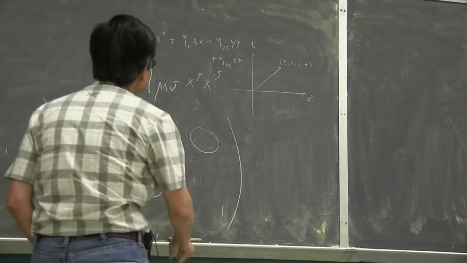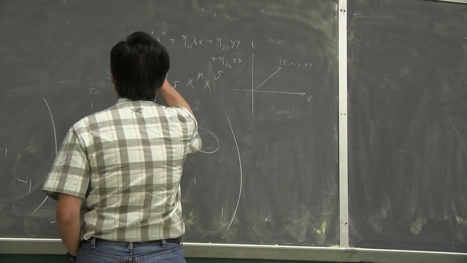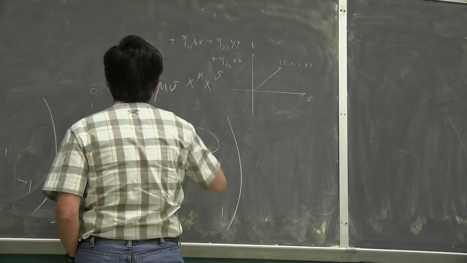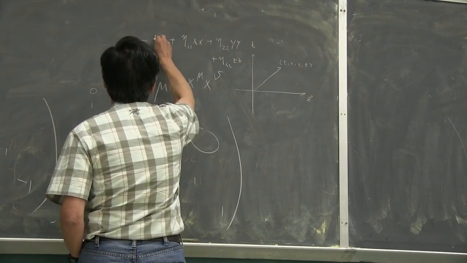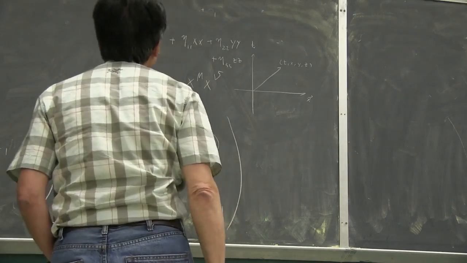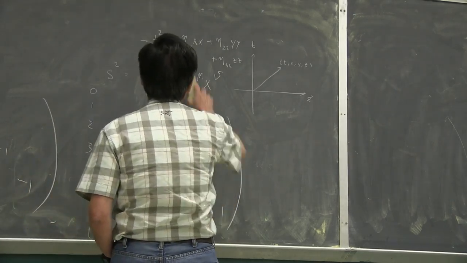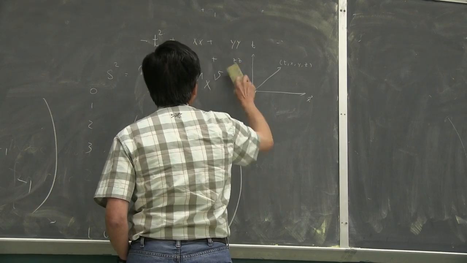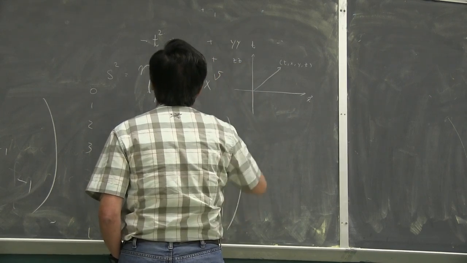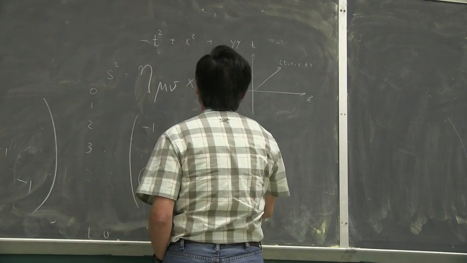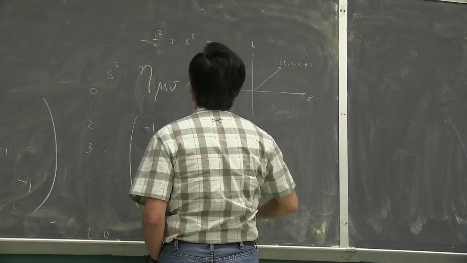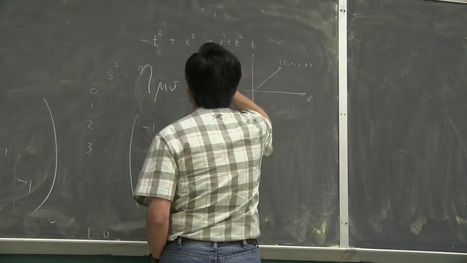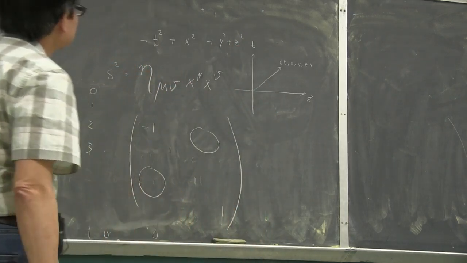Now, if x0 is t, and eta_00 is -1, so I write this one as minus t squared, and all these guys are 1, according to this convention, plus 1. And so I have x squared plus y squared plus z squared. This is the square of the length of this vector.